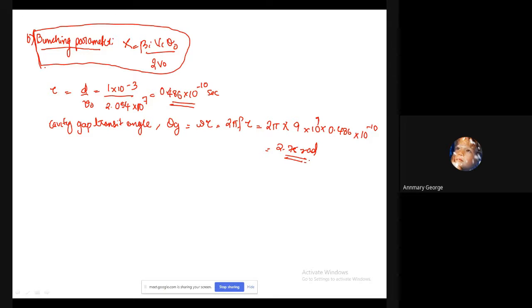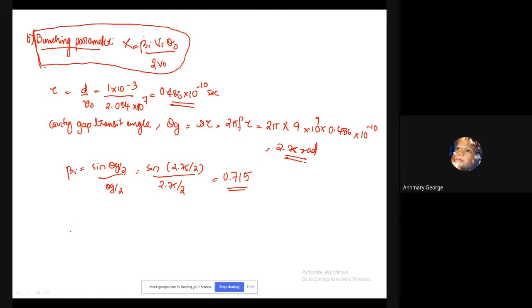Then we have to find the value of beta I. Beta I is sine of theta g by 2, divided by theta g by 2, that is sine of 2.75 by 2 divided by 2.75 by 2. Therefore beta I will be 0.715.